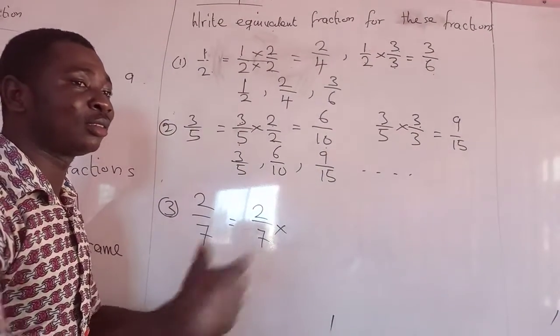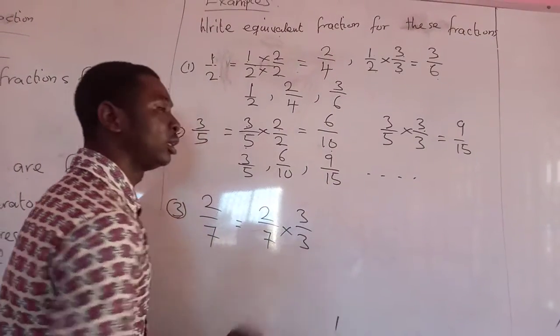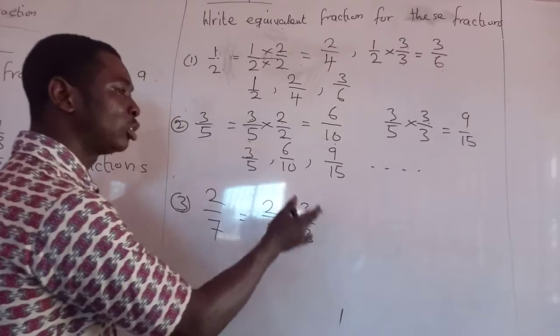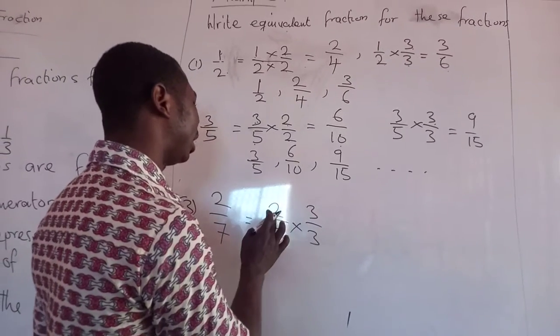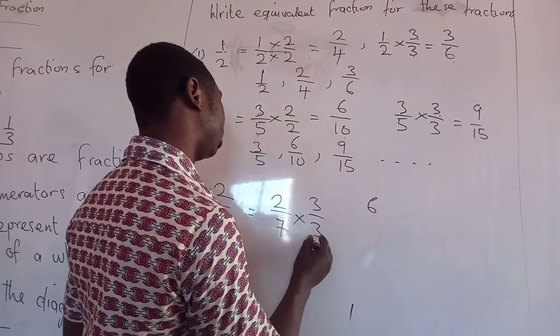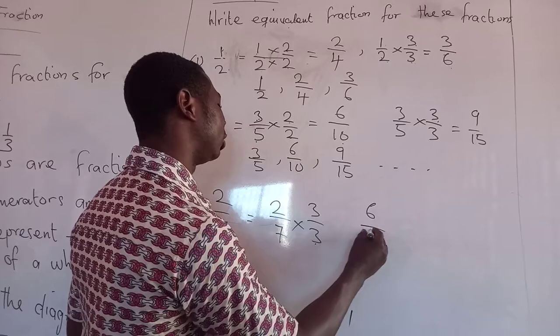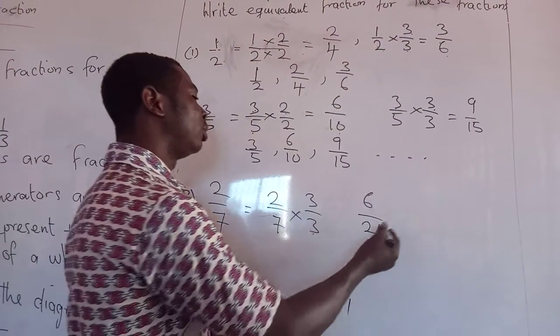You can start using 3. Just multiply it to the numerator and denominator, you get the equivalent fraction. So 3 times 2, what will you get? 6. 3 times 7 is 21.